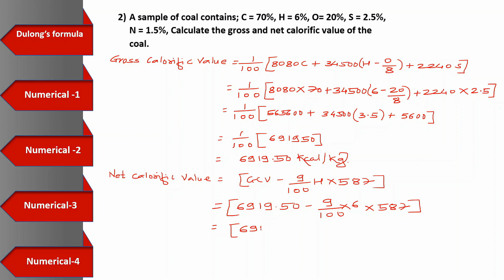So 6919.50 minus, by calculation, 316.98, and by subtracting this value from the gross calorific value, we obtain the net calorific value, that is 6602.52 kilocalories per kg. In that way, we calculate the gross calorific value and net calorific value of a provided fuel.